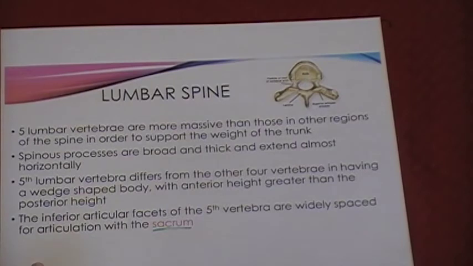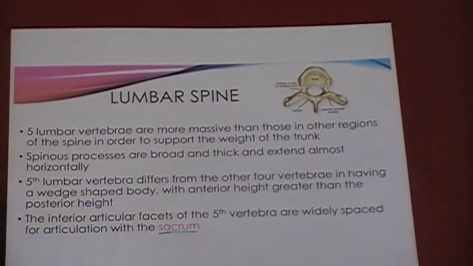The 5th lumbar vertebrae differs from the other 4 vertebrae because it needs to articulate with the sacrum. Okay, so the anterior height is greater than the posterior height, and the inferior articular facets of the 5th vertebrae are more widely spaced because, again, it's going to articulate with the sacrum.